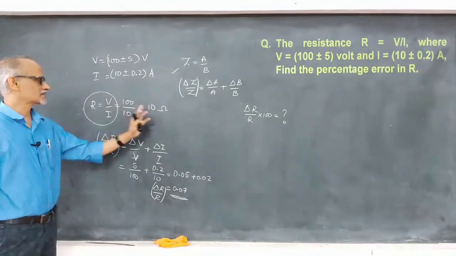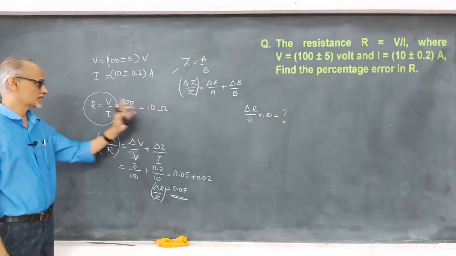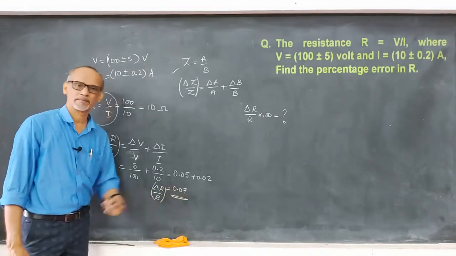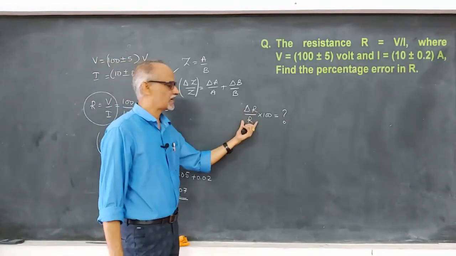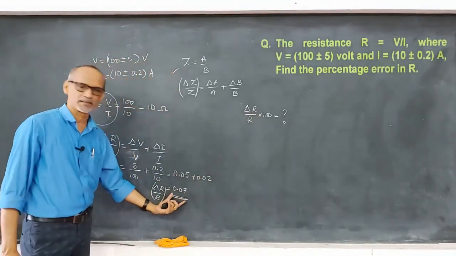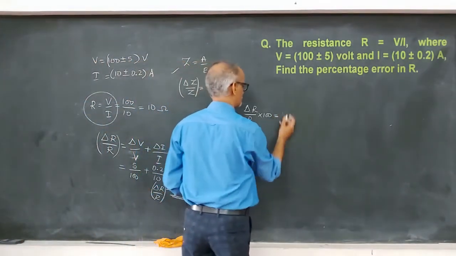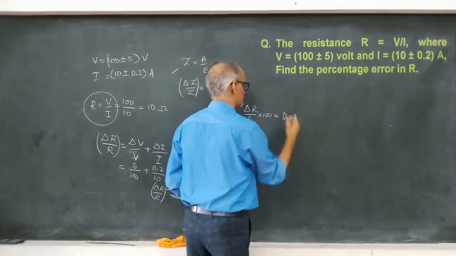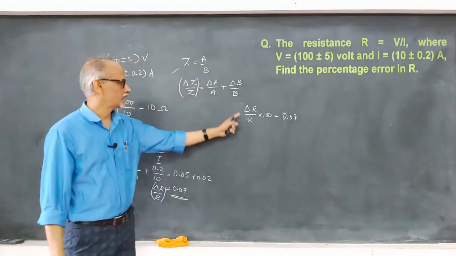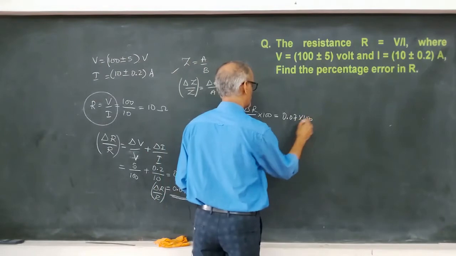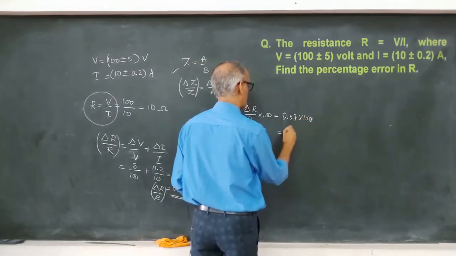So the value of the resistance is 10 ohm. The value of the fractional error, delta R by R itself, is 0.07. Multiply by 100. How much will you get? 7%.